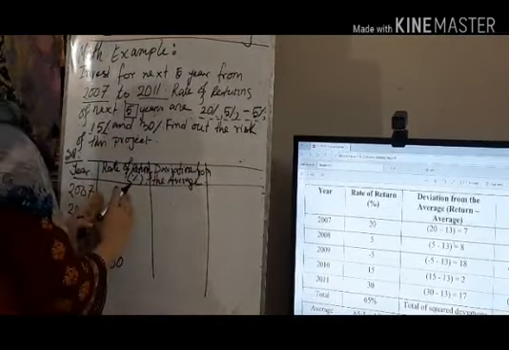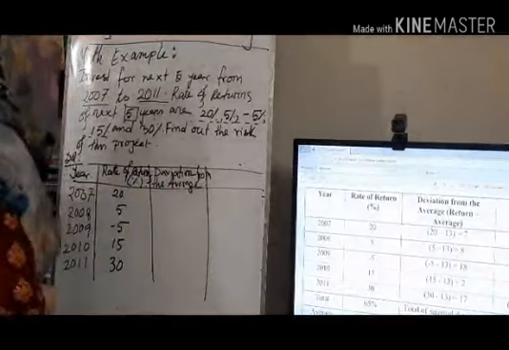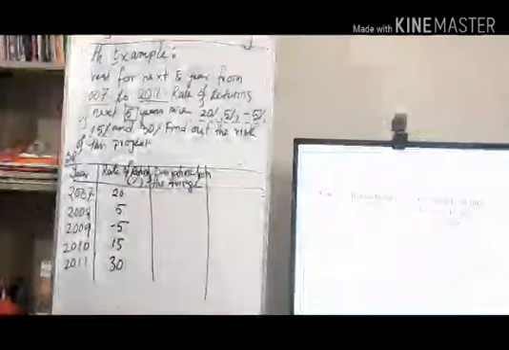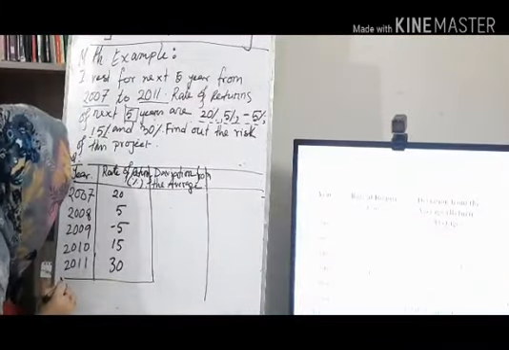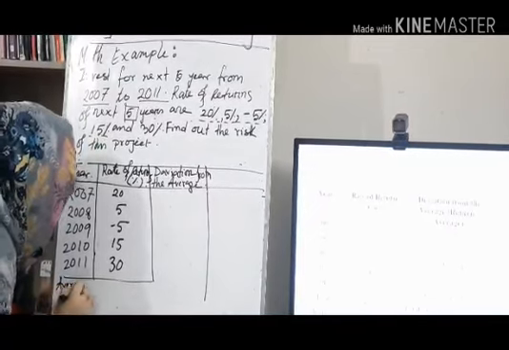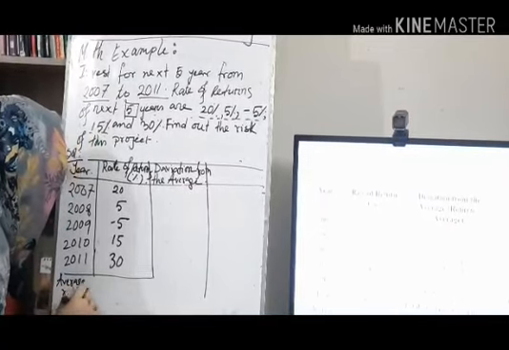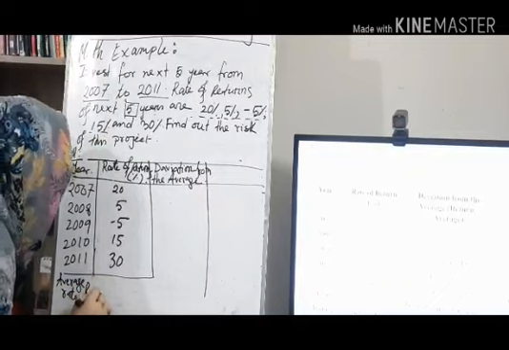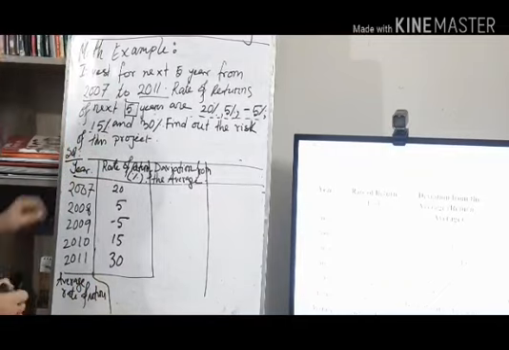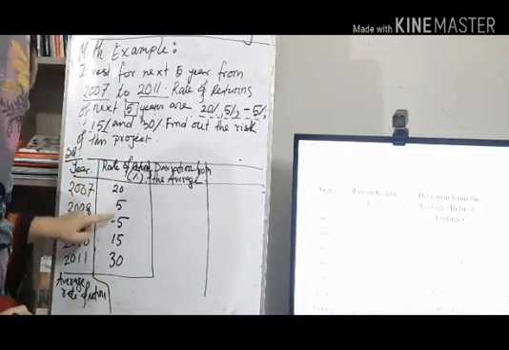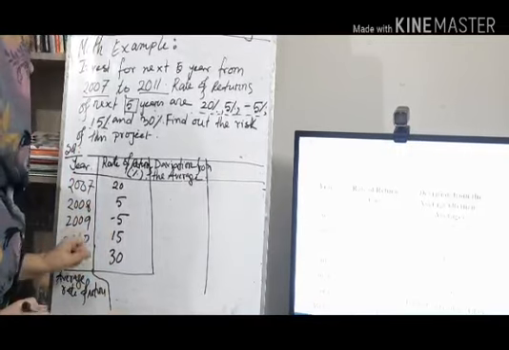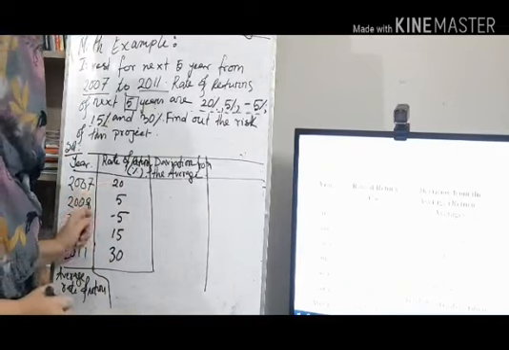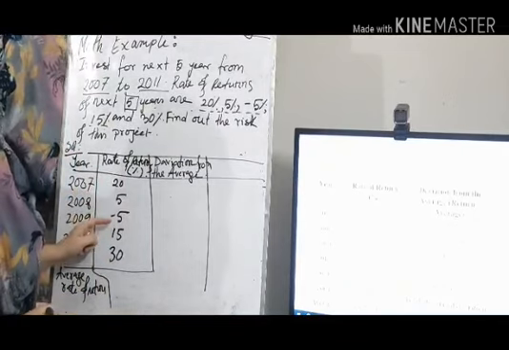Rate of return minus average rate of return. How can we get the average rate of return? We have to add all the rates of return, then divide by the number, 1, 2, 3, 4, 5.